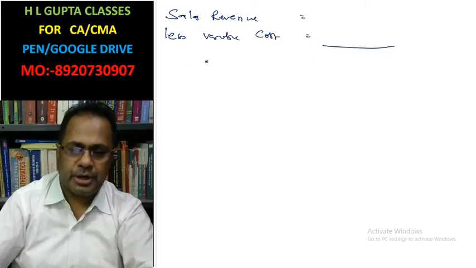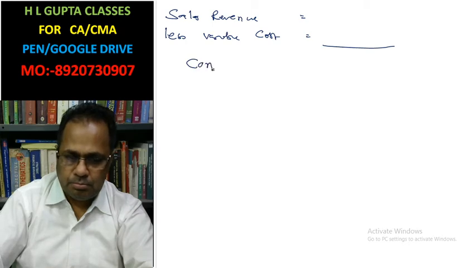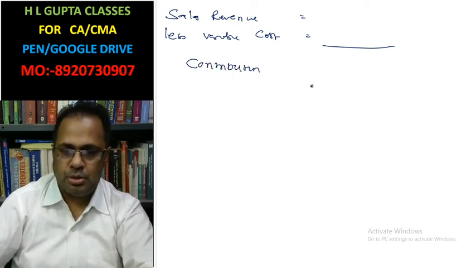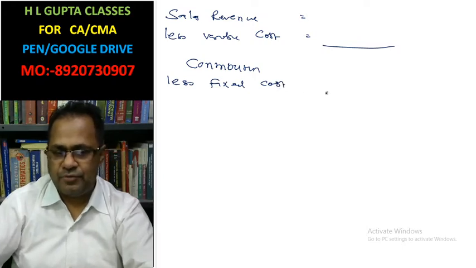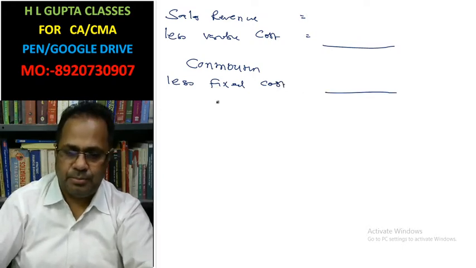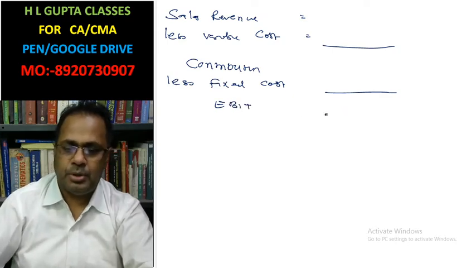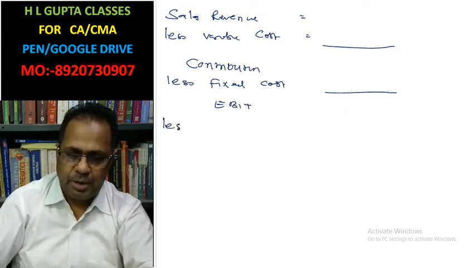Thereafter contribution will come, less fixed cost. After fixed cost, EBIT will come. After EBIT you subtract interest.